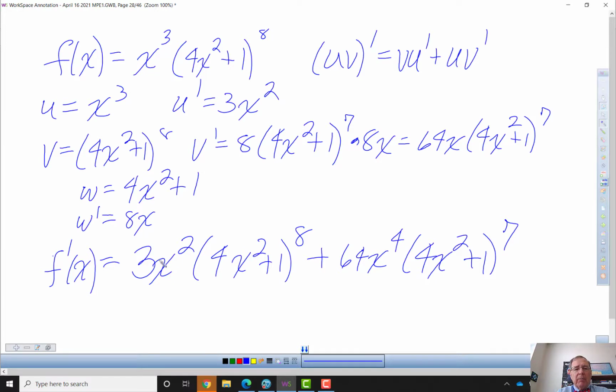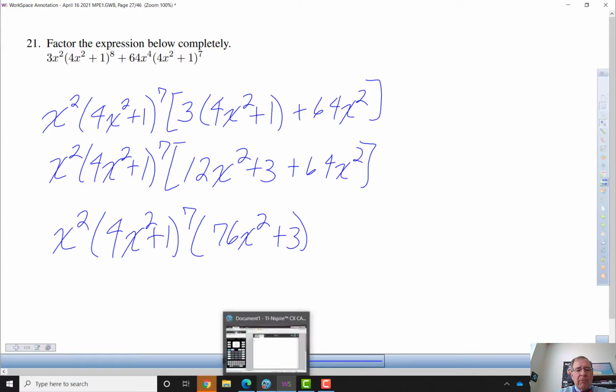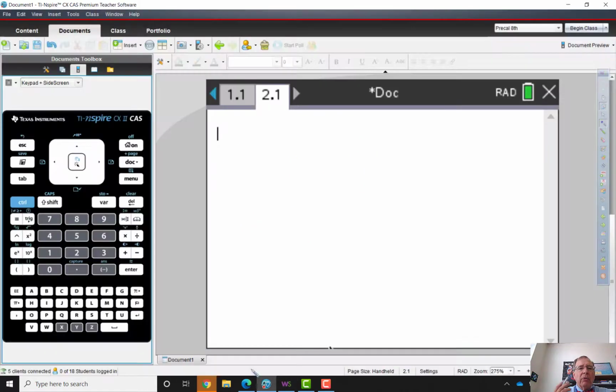Now, my personal opinion is this is a perfectly fine derivative, but in the calculus world, if I want to make this derivative match the back of the book answer, I need to do this simplification. And we can go one step further and go take the derivative in the calculator.